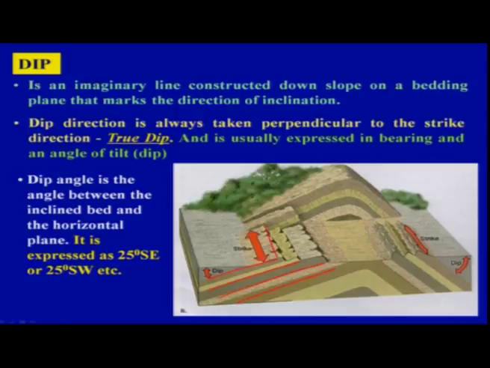You have this exposure here, and you know that this is the direction of inclination. So this will be your strike direction. And the angle which you measure with respect to the horizontal will be your amount of dip.